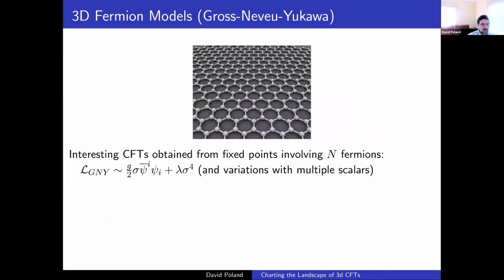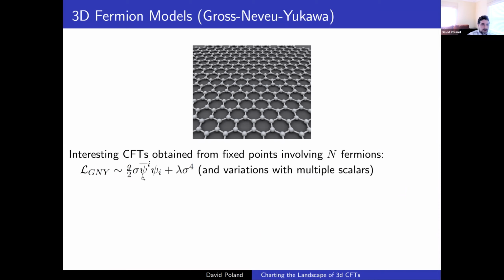Okay, let me show you one other application of these numerical bootstrap techniques to theories with fermions. So there's another class of interesting CFTs involving fermions called the Gross-Neveu-Yukawa models.